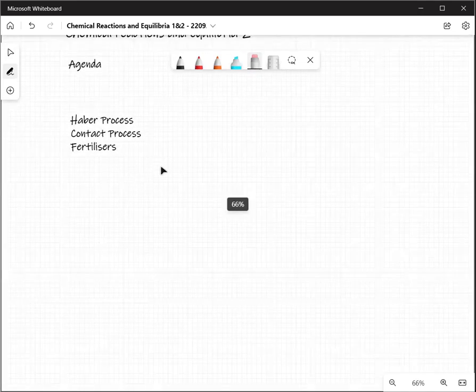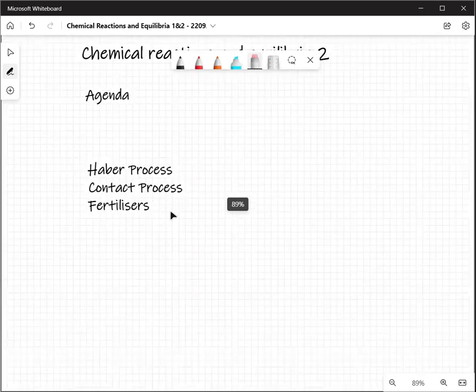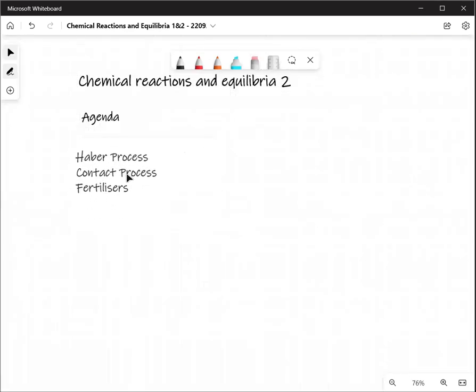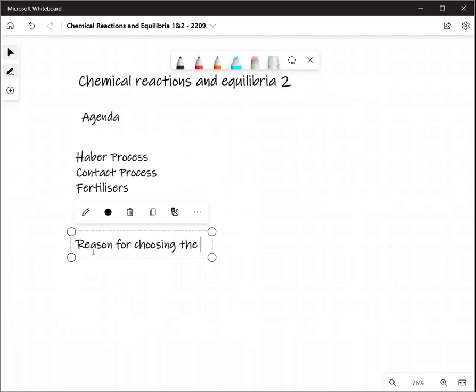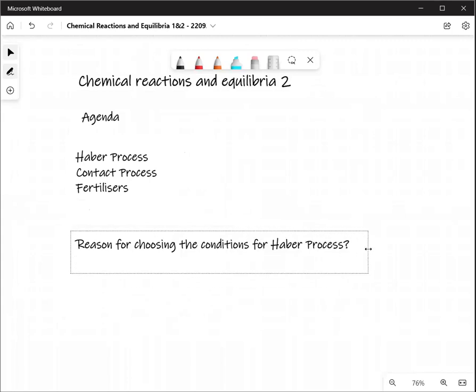Now we're going to look at the reason for choosing the conditions for the Haber process. That's what we're starting with. What are the conditions of the Haber process?